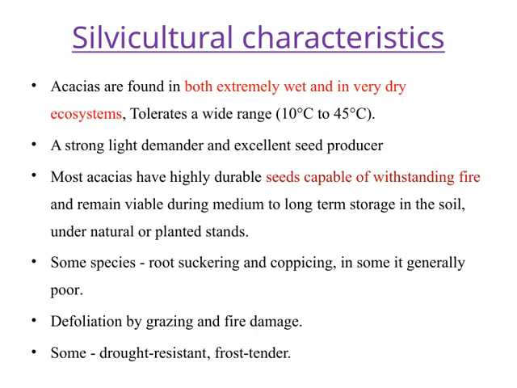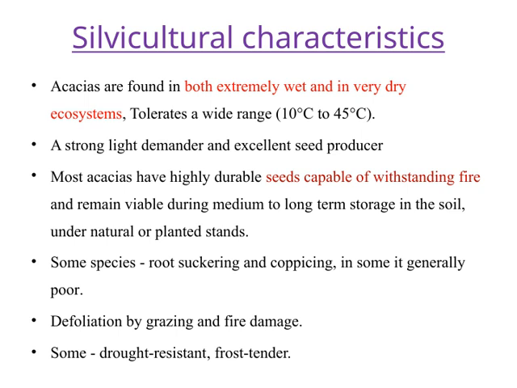Acacias are incredibly versatile and can be found thriving in both extremely wet and very dry ecosystems. This adaptability is one of their key silvicultural characteristics. They tolerate a wide temperature range, from about 10 degrees C up to 45 degrees C, which makes them suitable for various climates. They are also strong light demanders, meaning they need plenty of sunlight to grow well, and they are excellent seed producers.